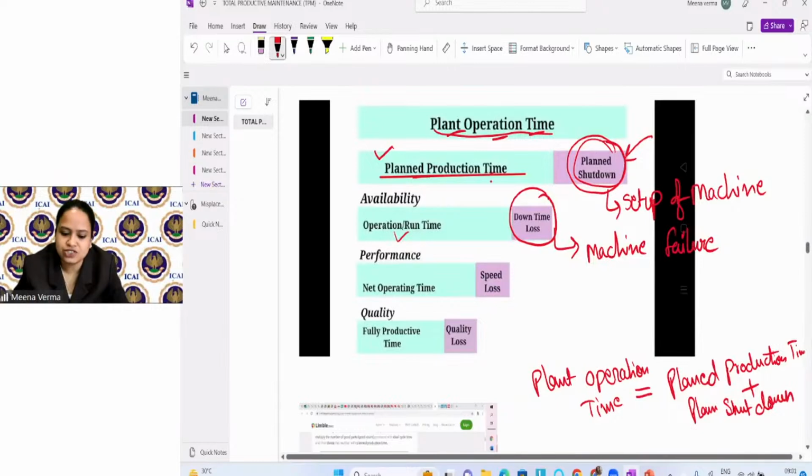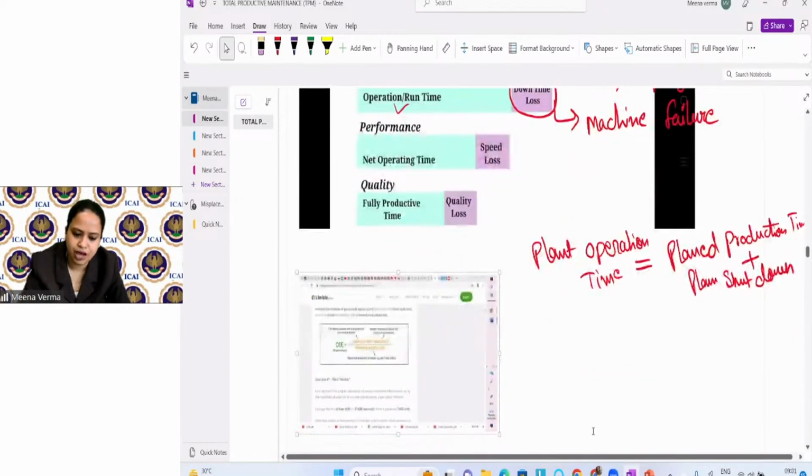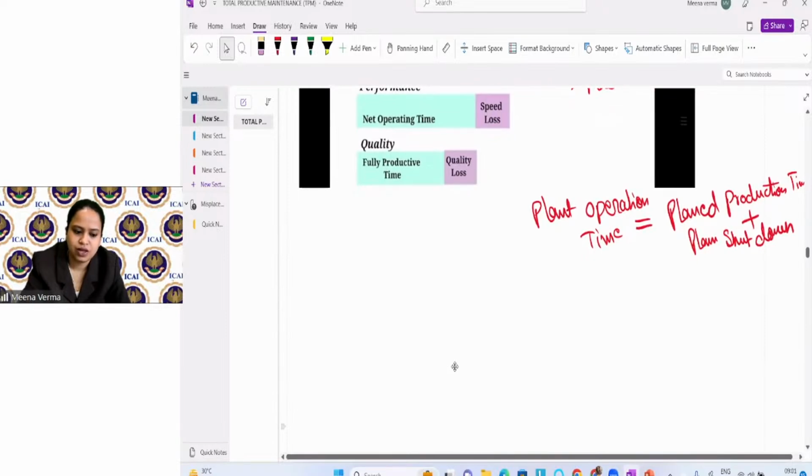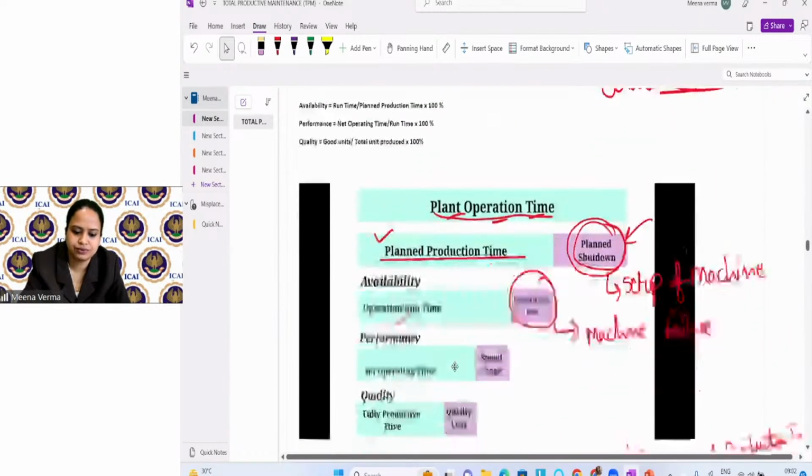This is the plant operation time. After that, what do we have?